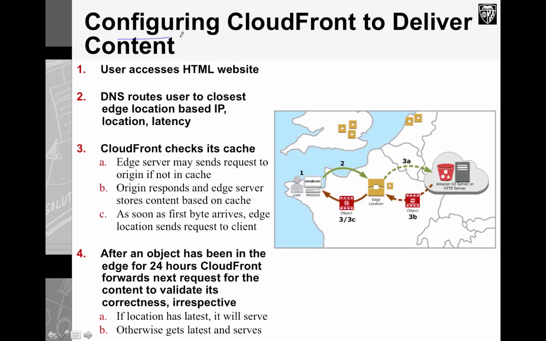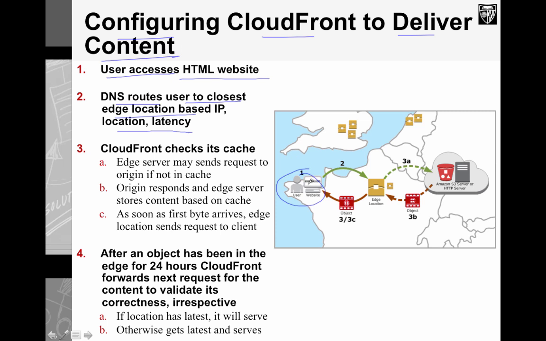Okay, so now let's talk about configuring CloudFront to deliver the content to the end users. There are 4 steps to this. The user accesses the HTML website. So the user goes to the browser and accesses the website. That's what is going on in step 1. In step 2, the DNS routes the user to the closest edge location based on the IP location and latency.